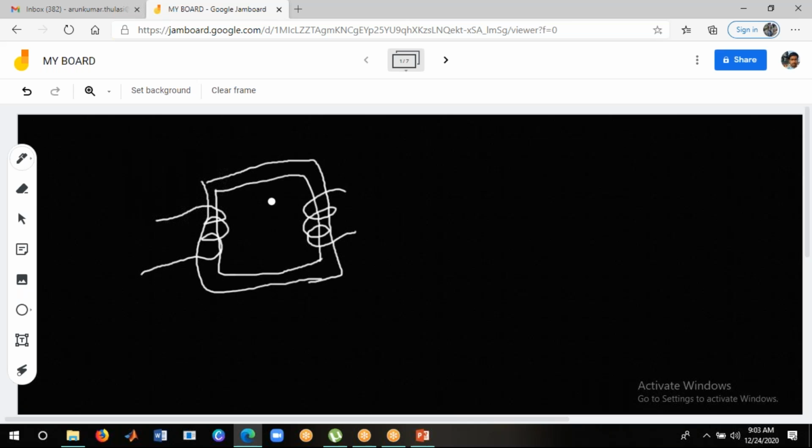So this is the transformer, right? This circuit represents the primary winding, and this circuit represents the secondary winding. Now we need to convert this entire transformer, which consists of primary and secondary, into an equivalent circuit.